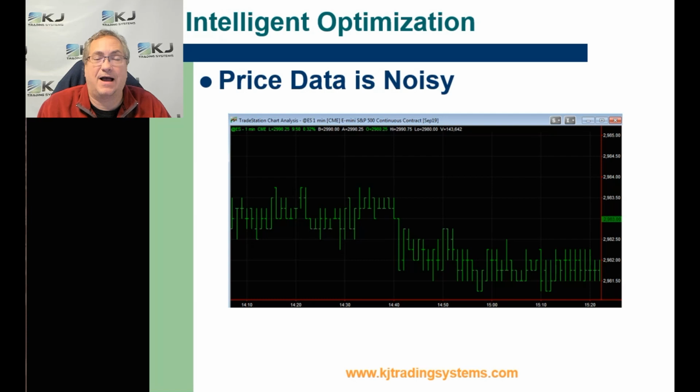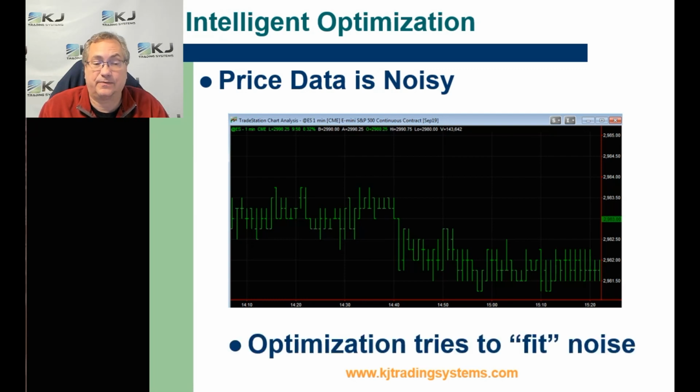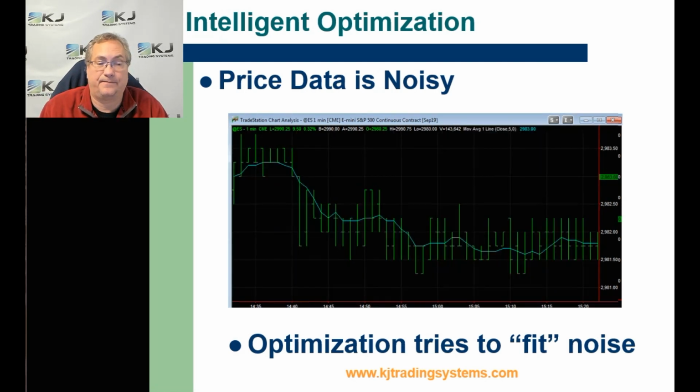So when you optimize with noisy data, a lot of times the optimization doesn't know that it's noise and it will fit as best it can. And usually noise changes when you go live. It's different all the time, and that's what causes problems.